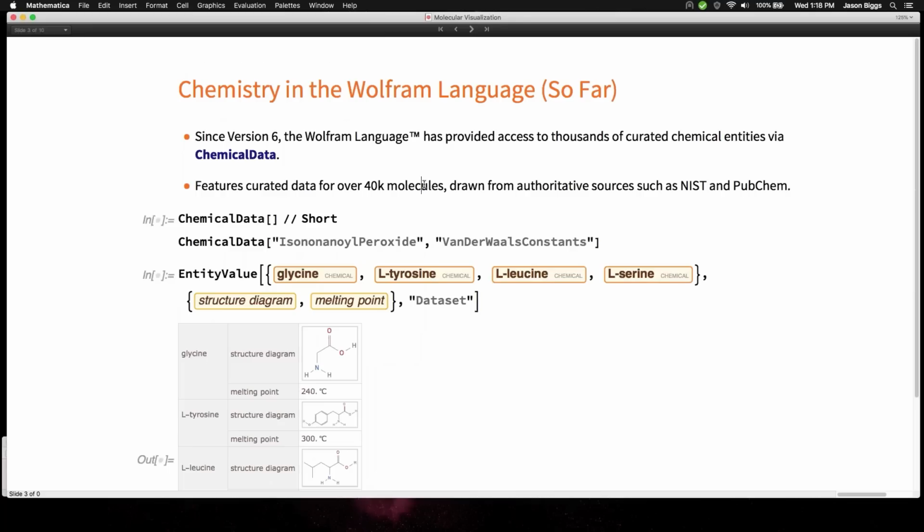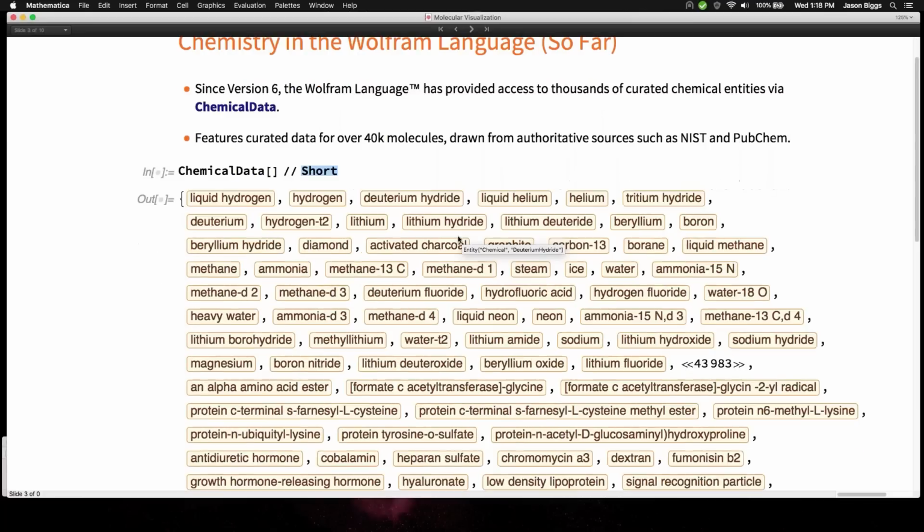So far in the Wolfram language, we've had chemical data starting in version 6. Chemical data features over 40,000 entities, molecules drawn from data sources like NIST and PubChem and Aldrich, IUPAC. All of those entities are available in chemical data. If we ask ChemicalData[], you get the list of all these entities.